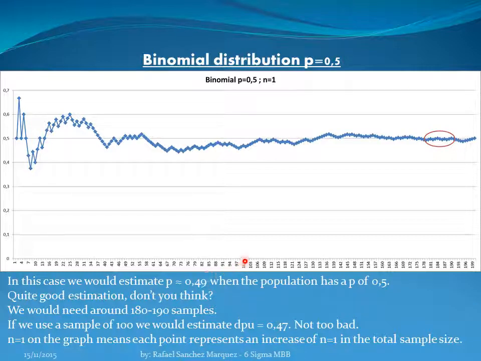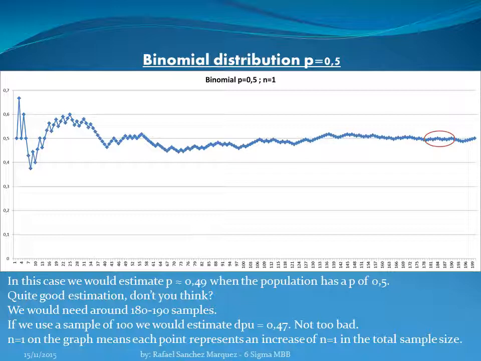That is more or less the value at these points here. This is 100, and as you can see, it is under 0.5. So it would not give us a good estimation. Okay, but not such a bad estimation.